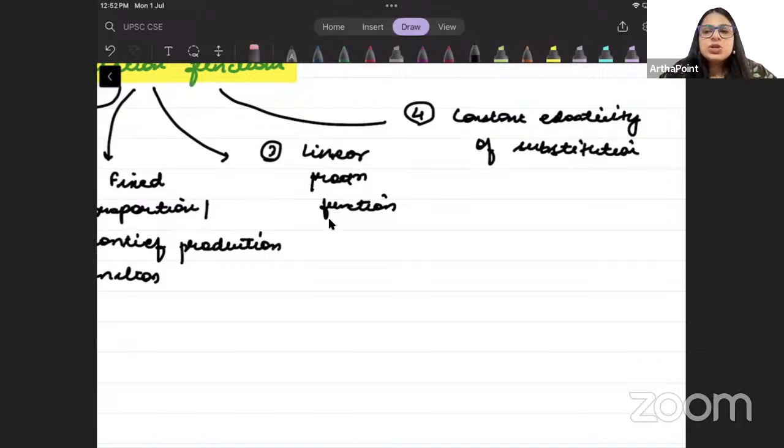Okay. So in today's class, I will be discussing all the 4 kinds of production functions with you. चारों ही production function, we will do those. To begin with, let us start with the Cobb-Douglas production function.